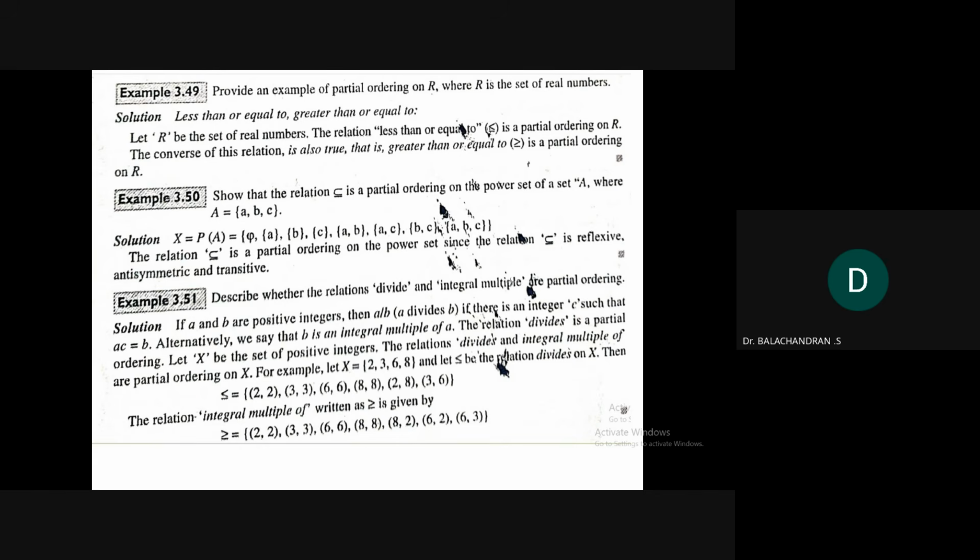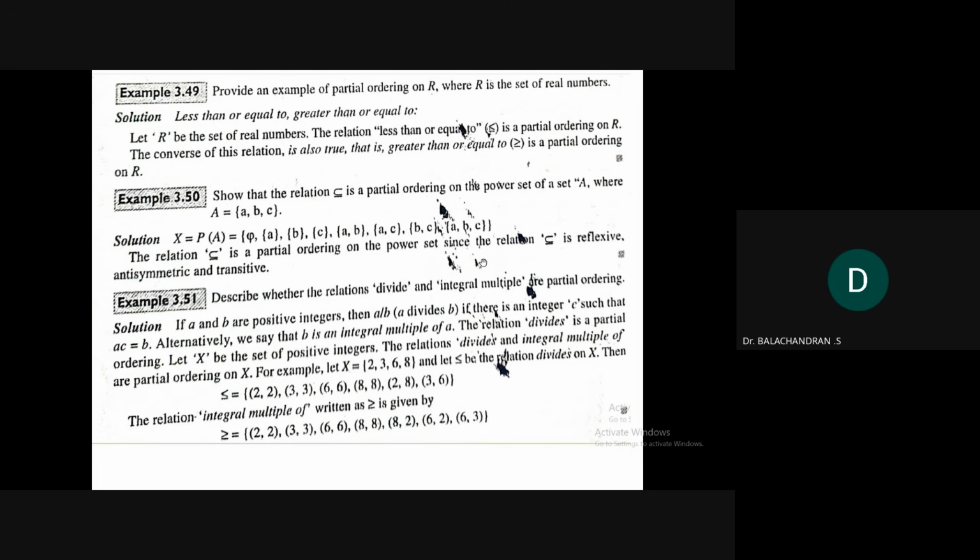So a divides a, here a is an integral multiple of a, so for reflexive. Here, a divides b and b divides a implies a equal to b. In integral multiples, a is an integral multiple of b and b is an integral multiple of a implies a equal to b. Here a divides b and b divides c implies a divides c.